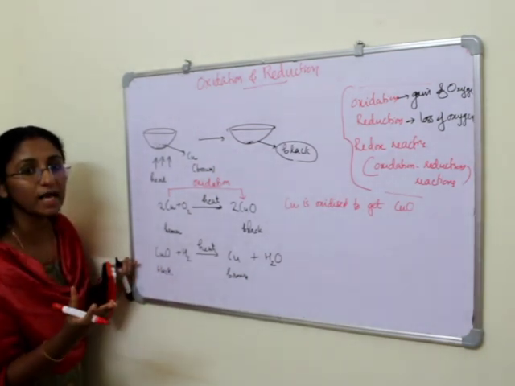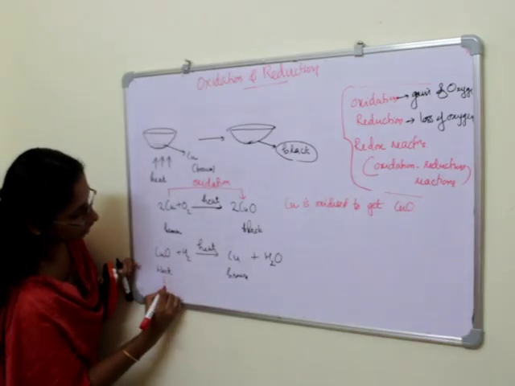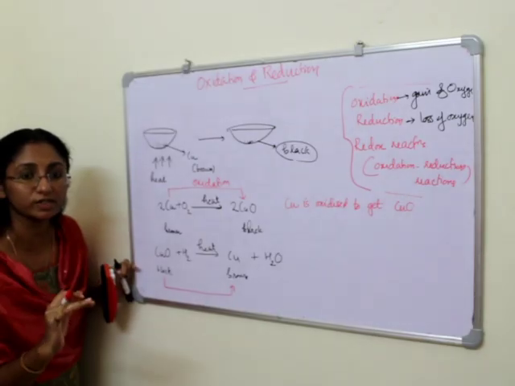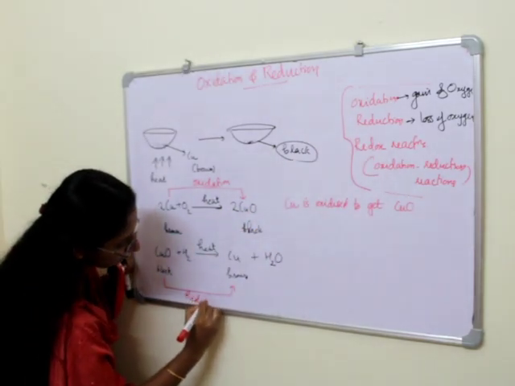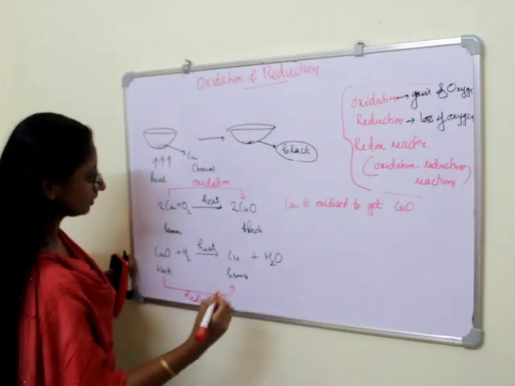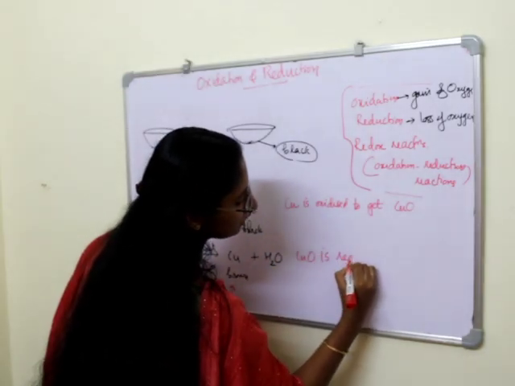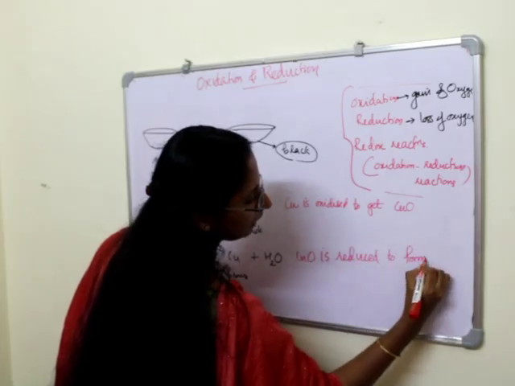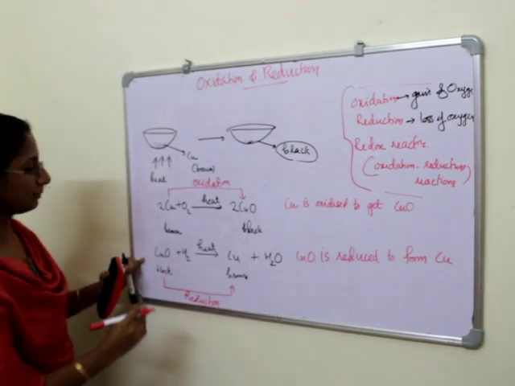That means loss of oxygen is happening, right? So CuO to Cu, loss of oxygen. Loss of oxygen means reduction. So this is reduction. So copper of CuO is reduced to form copper. Loss of oxygen is happening.